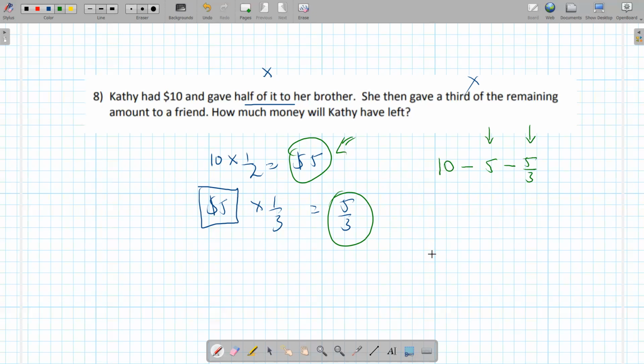Then 10 minus 5 is 5, so 5 minus 5/3. I can put a 1 here, so the common denominator between 1 and 3 is 3. So you get 15/3 minus 5/3. That's 10/3. So that is 3 and 1/3 dollars remaining.